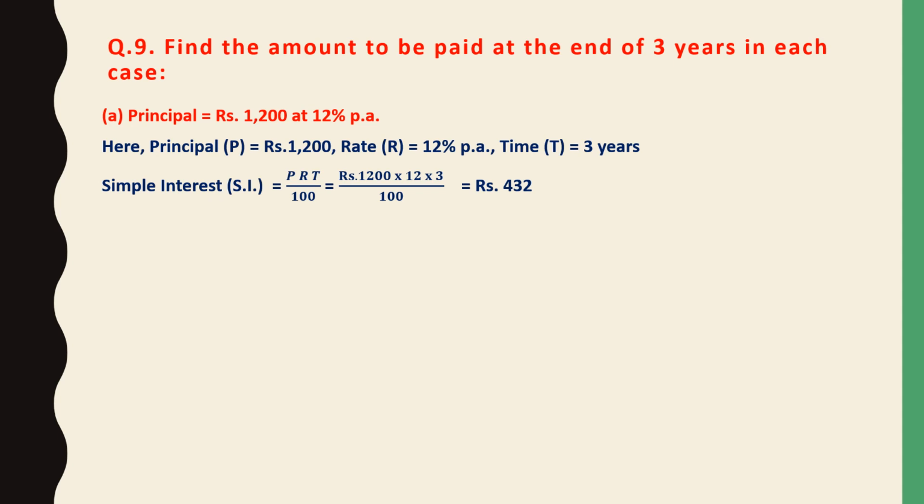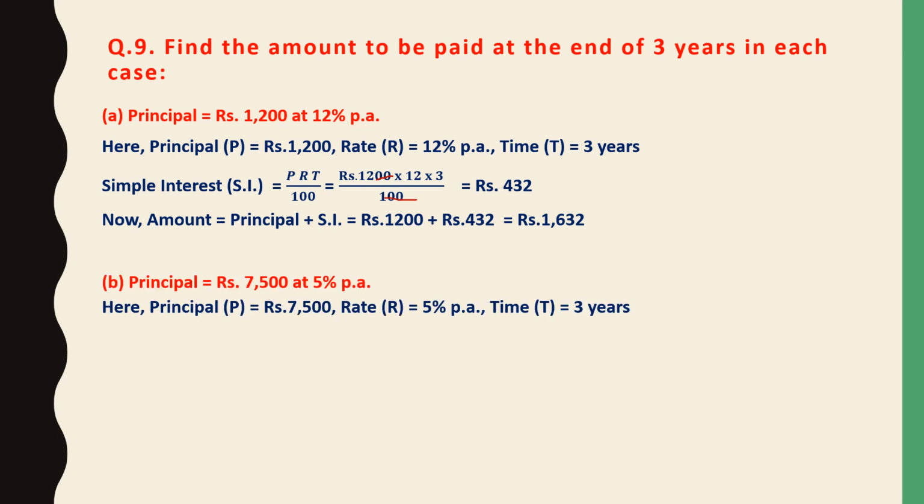Simple interest is equal to PRT by 100, that is 1200 into 12 into 3 divided by 100. Two zeros cancel out and here we get rupees 432. Now amount is equal to principal plus simple interest, that is 1200 plus 432, which gives us rupees 1632.